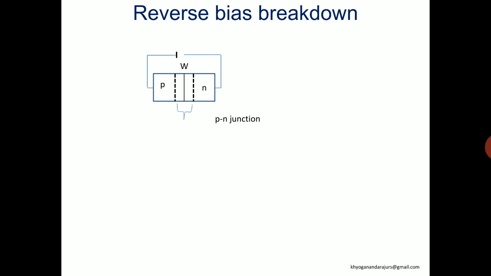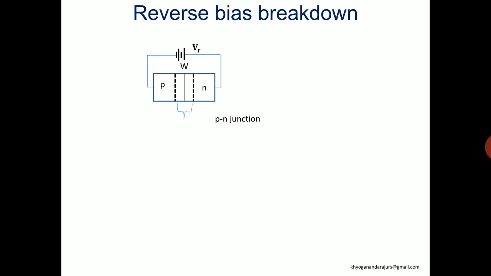That is, we will apply a negative supply to the P side and a positive supply to the N side. Now this PN junction is called a reverse bias PN junction, and we will denote the voltage as VR.